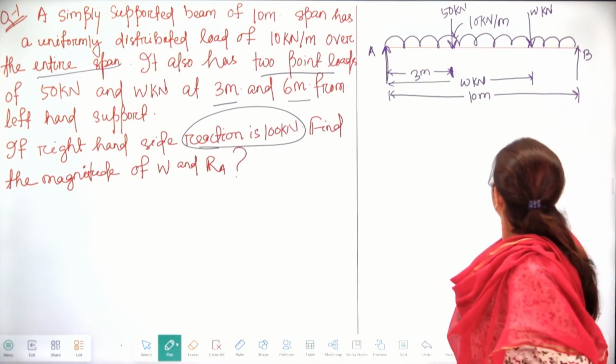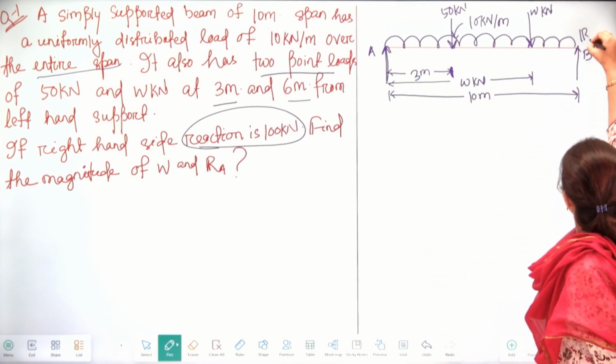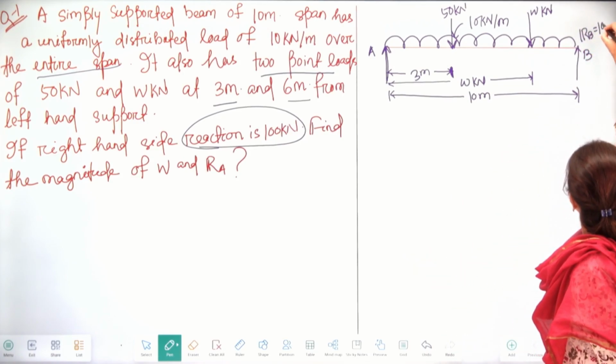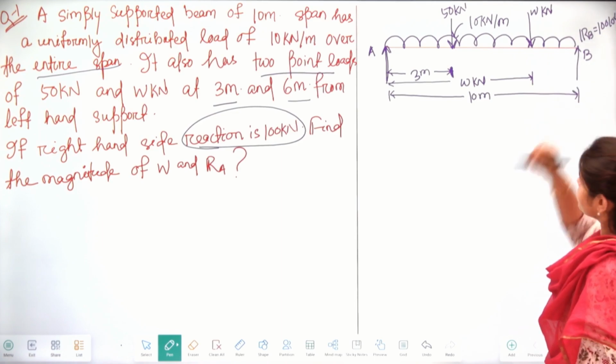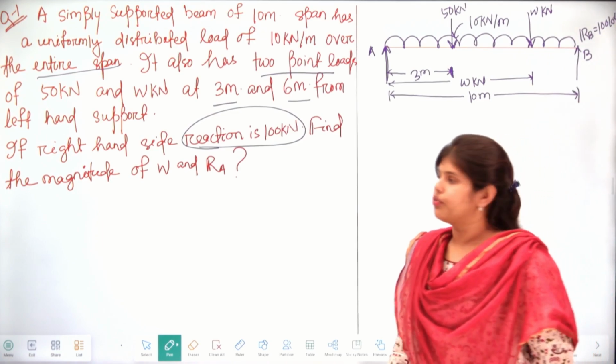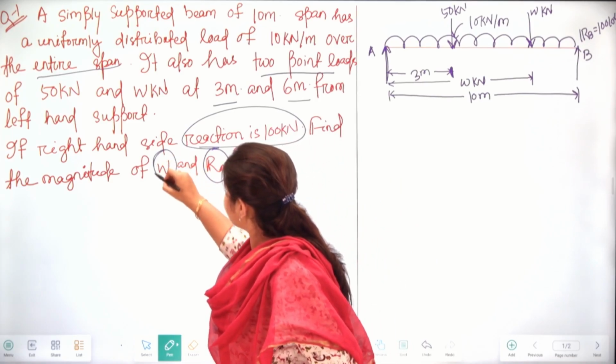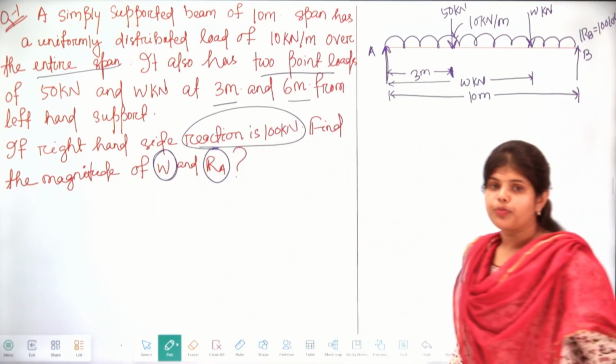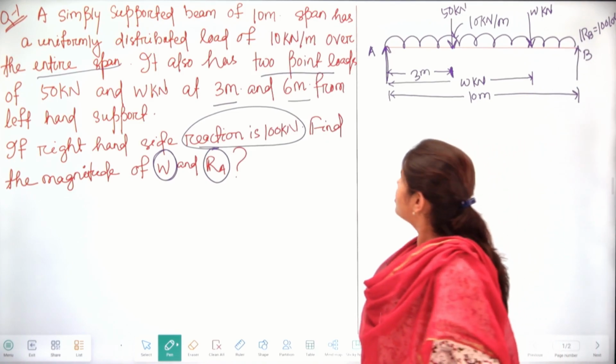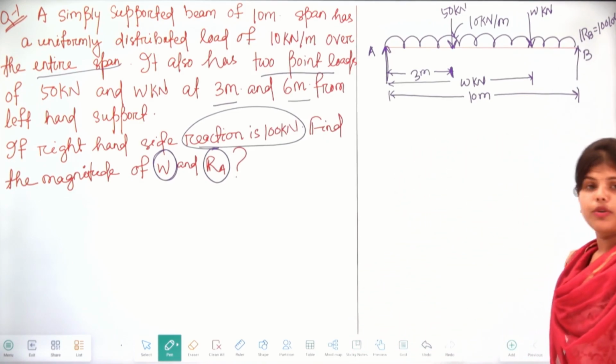So here one reaction force, that is RB, is already given, that is 100 kilonewton. We just need to find out the reaction force RA and the magnitude of W. Okay. So let's find out W and RA.